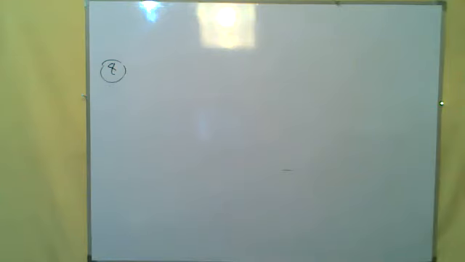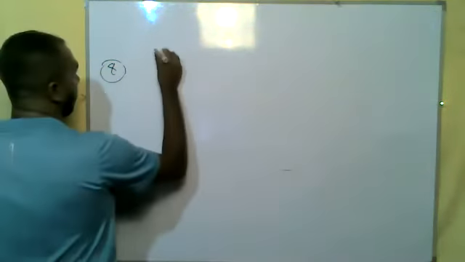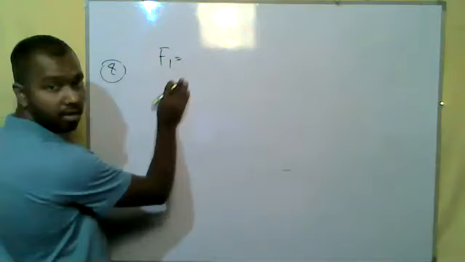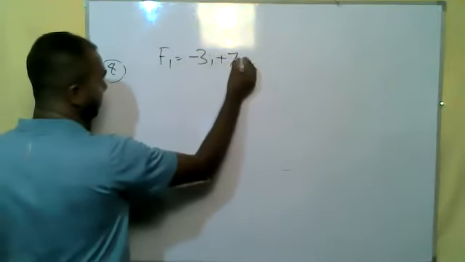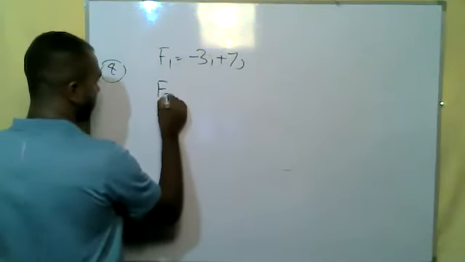Okay, so they are giving us F1, F2, F3. F1 is how much? Minus 3i plus 7j. How much is force 2?